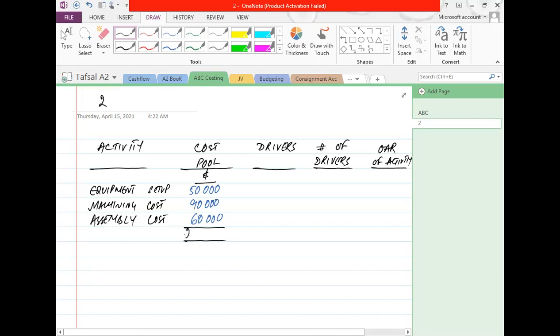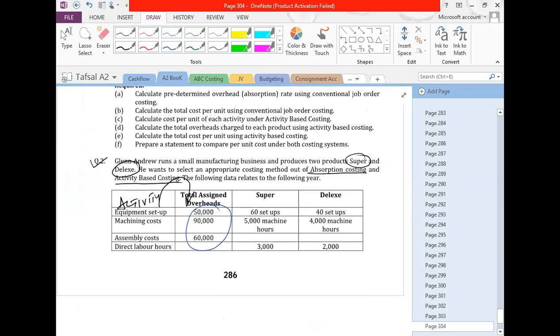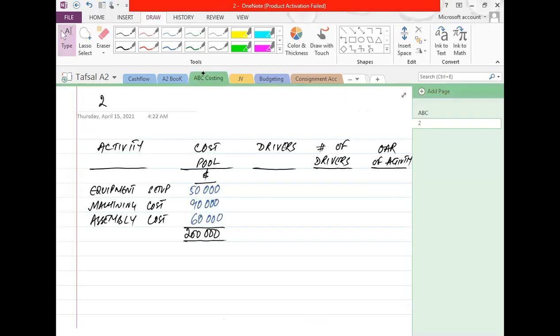This is a total of 200,000. Okay, the drivers. Drivers are setups, machine hours, and labor hours. Number of setups, machine hours, and labor hours.